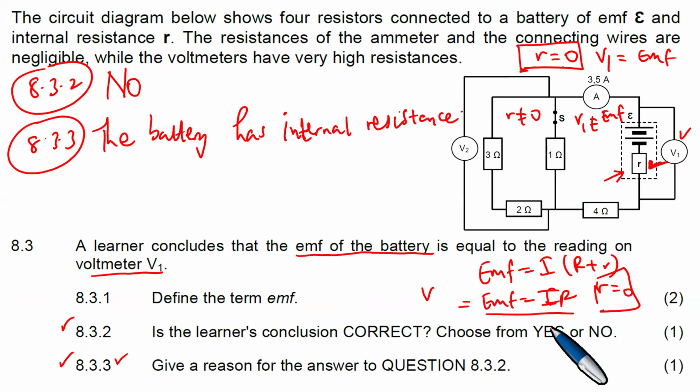I'm glad that this question came, because the examiner realized it's a small thing we need to comment on so learners understand. When would V1 be EMF? Strictly speaking, when the internal resistance is zero. But if the internal resistance is not zero, then there are lost volts inside the battery, meaning we would have less potential difference coming out. Alternatively, EMF is V external plus V internal.